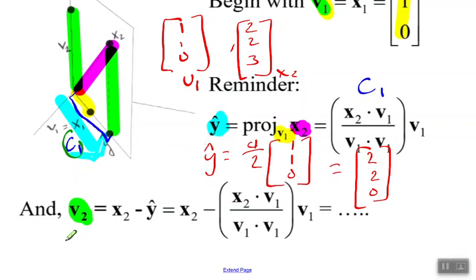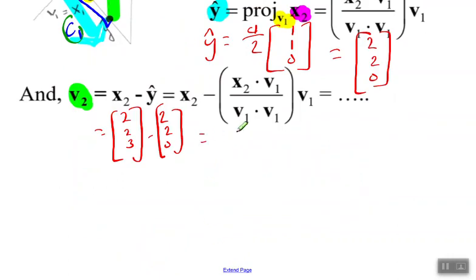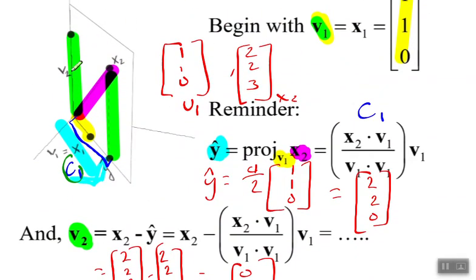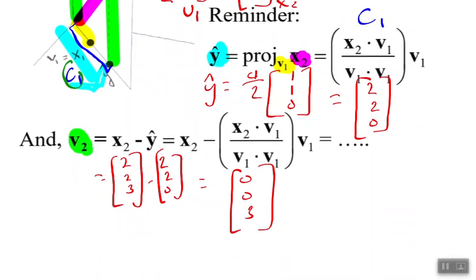So if I want to find out what the orthogonal vector is, we're going to take our given vector 2, 2, 3, and we're going to subtract 2, 2, 0, and then we would obviously get 0, 0, 3. So when we looked at these two vectors from the beginning, A, graphically they're not perpendicular, and B, when you find the dot product, that's 4, and we want the dot product to be 0.